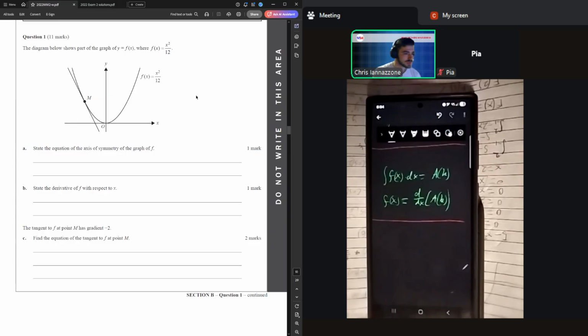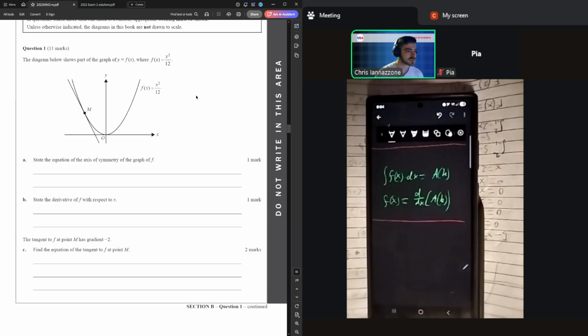Question 1, axis of symmetry of this graph. Should be fairly stock standard.